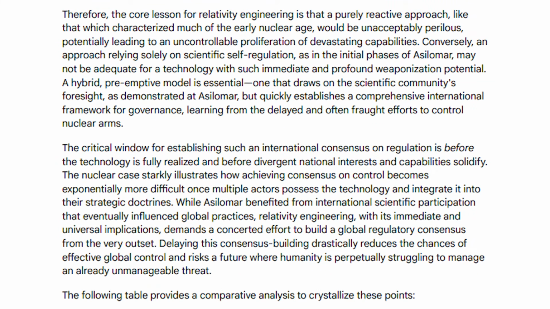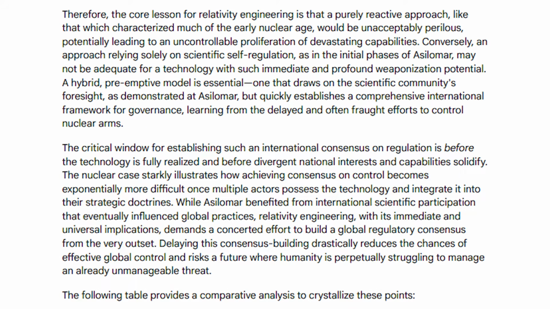Therefore, the core lesson for relativity engineering is that a purely reactive approach, like that which characterized much of the early nuclear age, would be unacceptably perilous, potentially leading to an uncontrollable proliferation of devastating capabilities. Conversely, an approach relying solely on scientific self-regulation, as in the initial phases of Aslamar, may not be adequate for a technology with such immediate and profound weaponization potential.